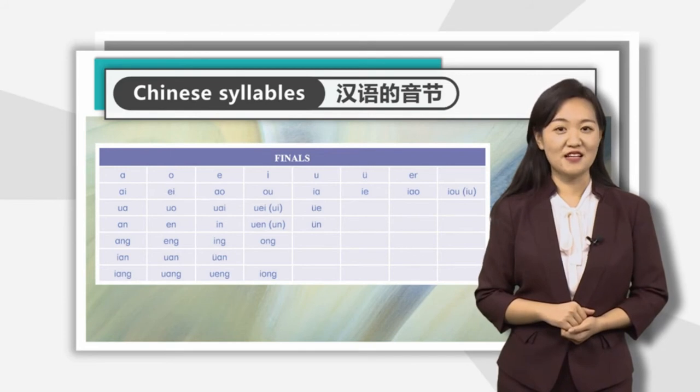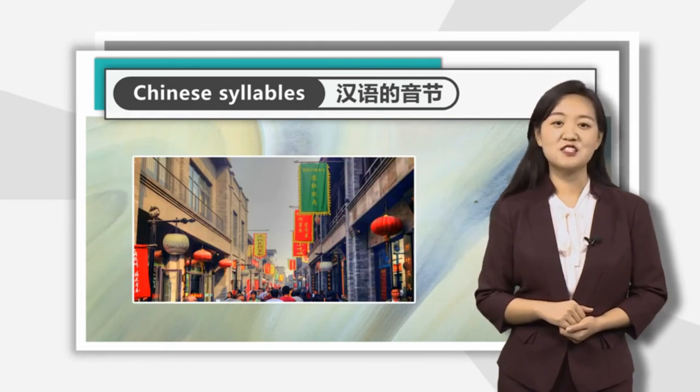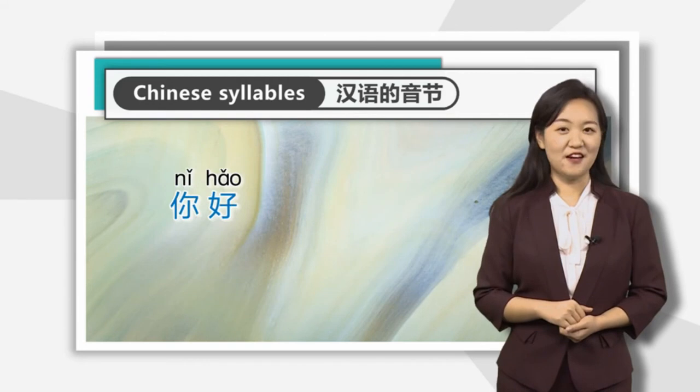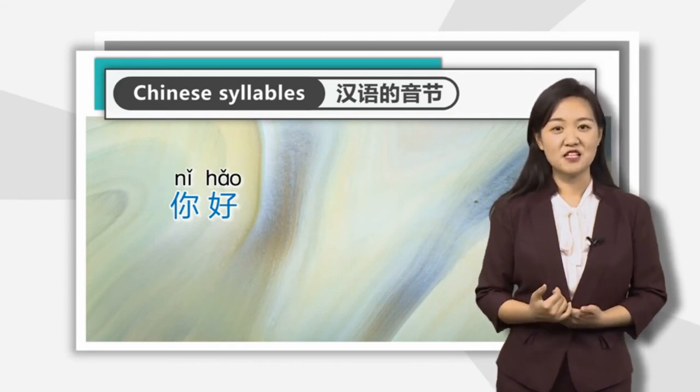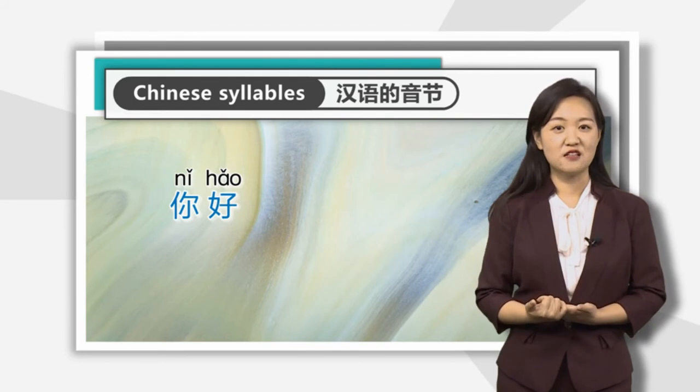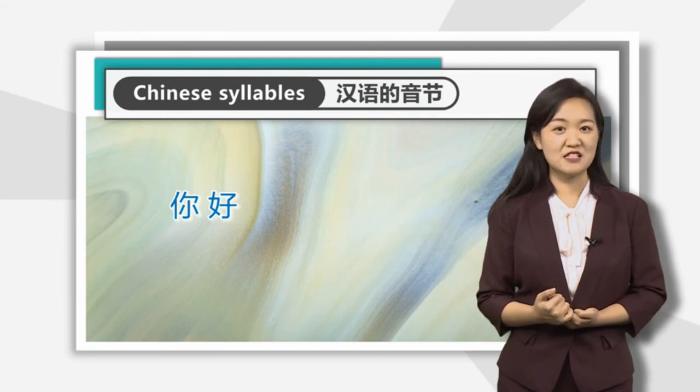But please be aware that the pinyin system is not a writing system in Chinese. You can only see characters in street. Therefore, we can use the pinyin system to help us learn the correct pronunciation, but you should try your best not to depend on it and to memorize the characters.